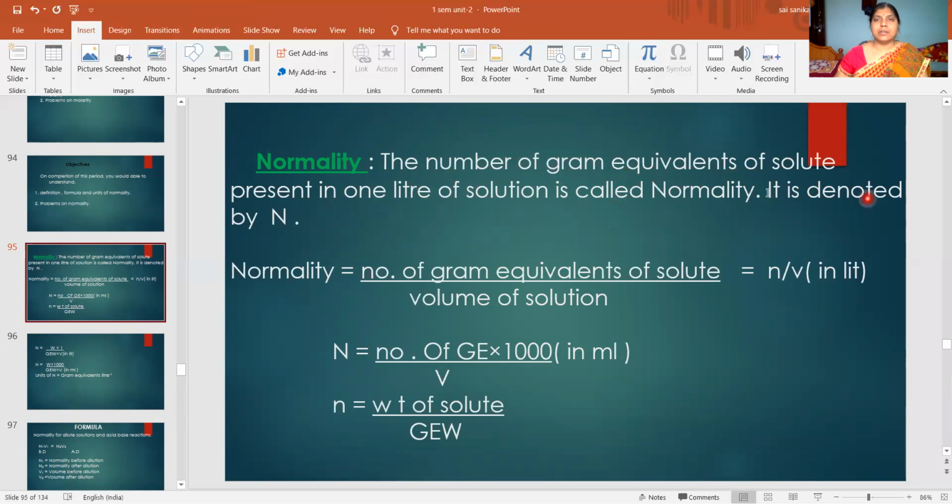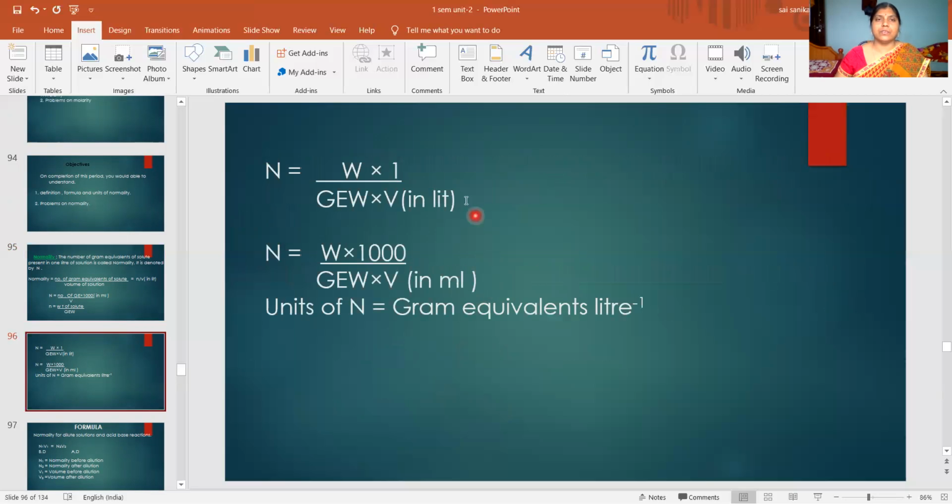It is denoted by which letter? Capital N. So what is the formula for normality? Number of gram equivalents of solute by volume of solution in liters. When the volume is in ml, it is number of gram equivalents by V into 1000, where number of gram equivalents is given by weight of solute by gram equivalent weight of solute.